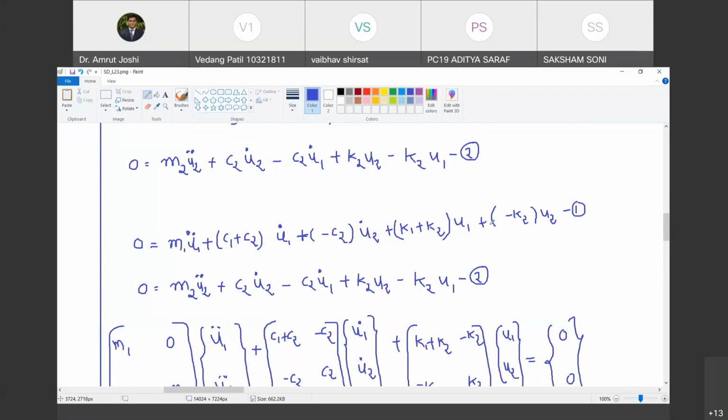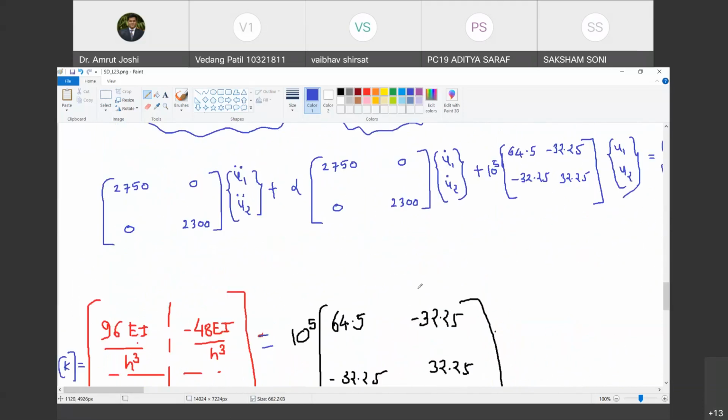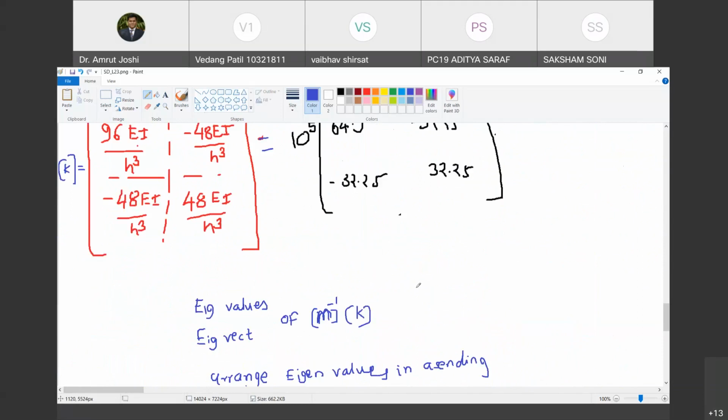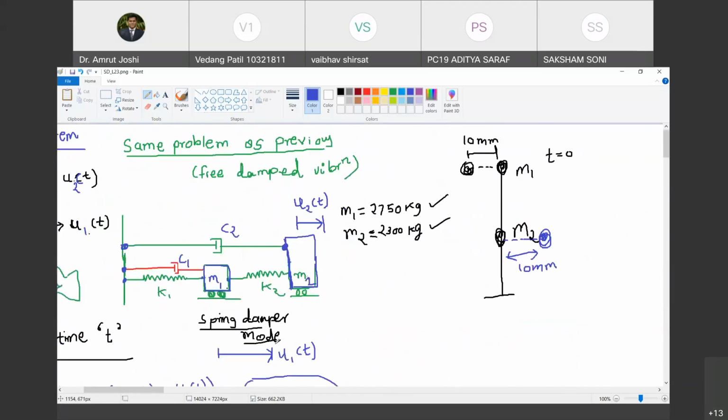This is called stiffness proportional damping. So if the damping is mass proportional and or stiffness proportional, the resulting C matrix gets diagonalized with the transformation phi transpose C phi.